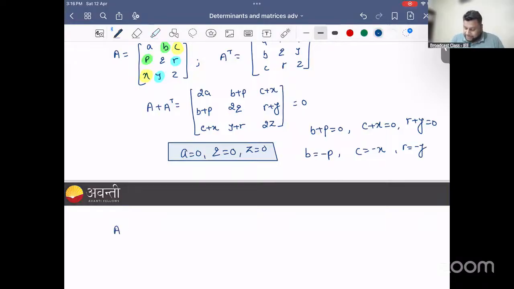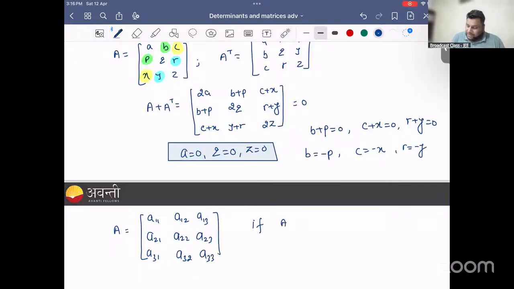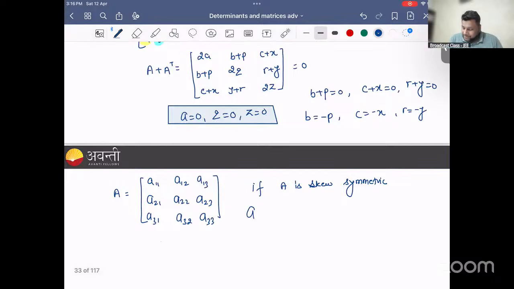So if the matrix A is A11, A12, A13, A21, A22, A23, A31, A32, A33. If A is skew symmetric, then what will happen?